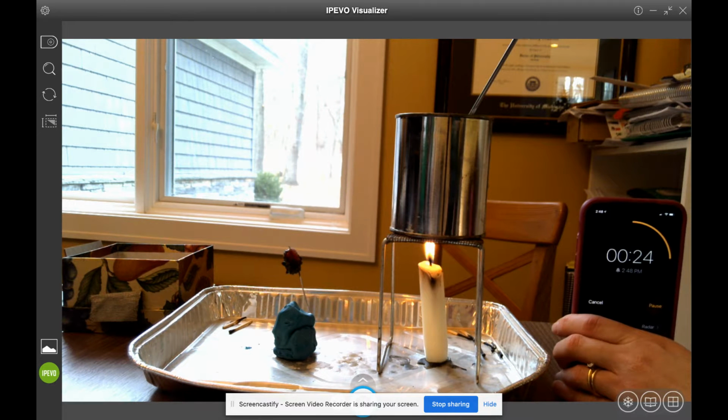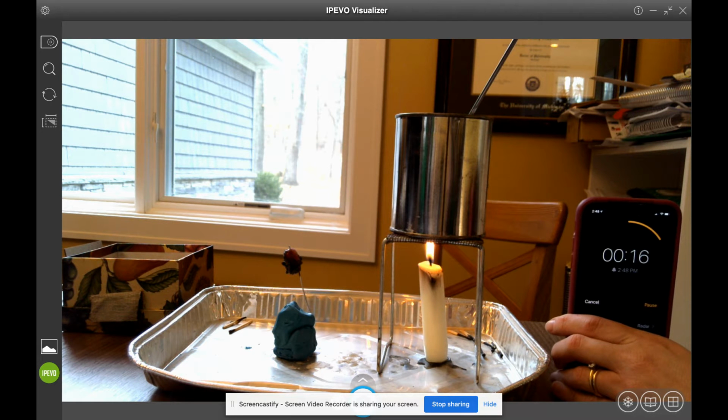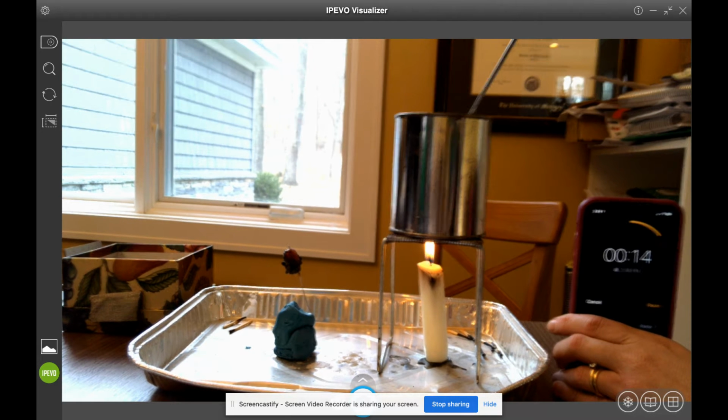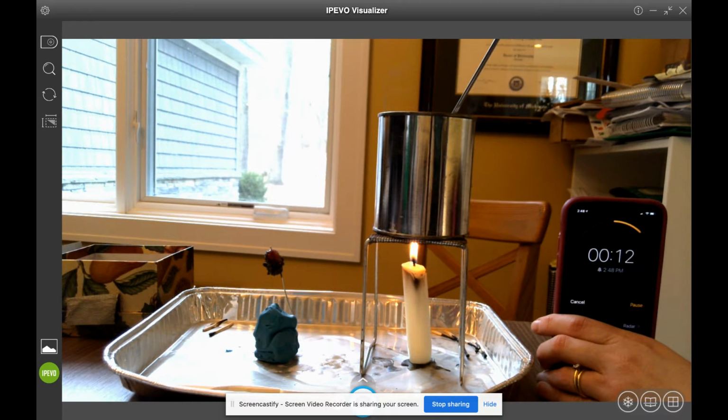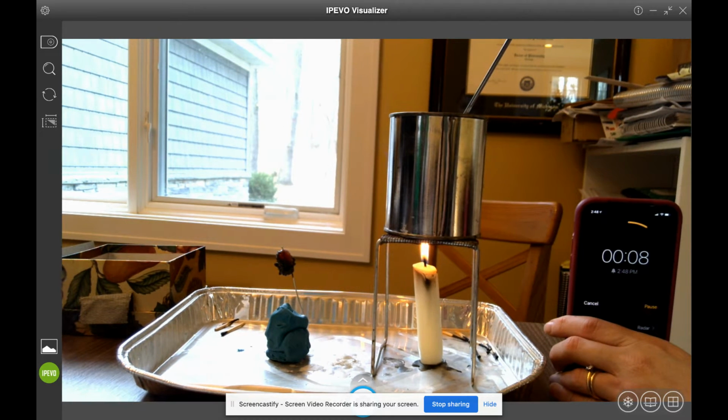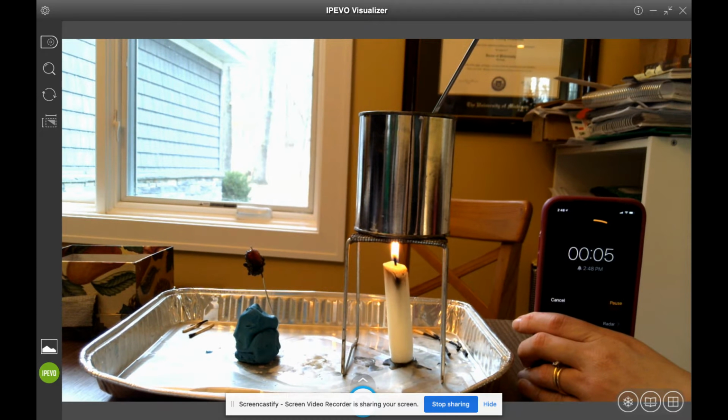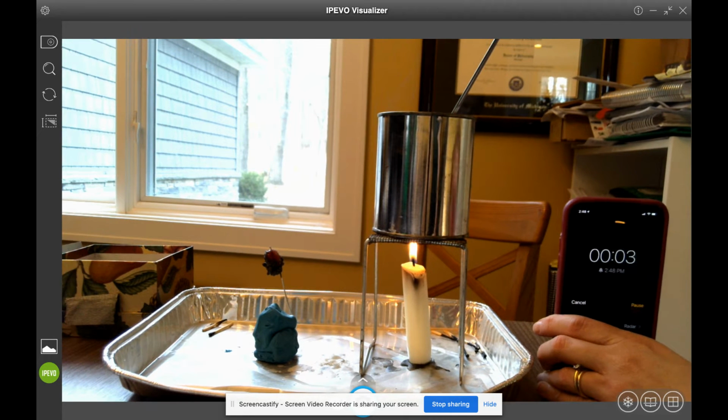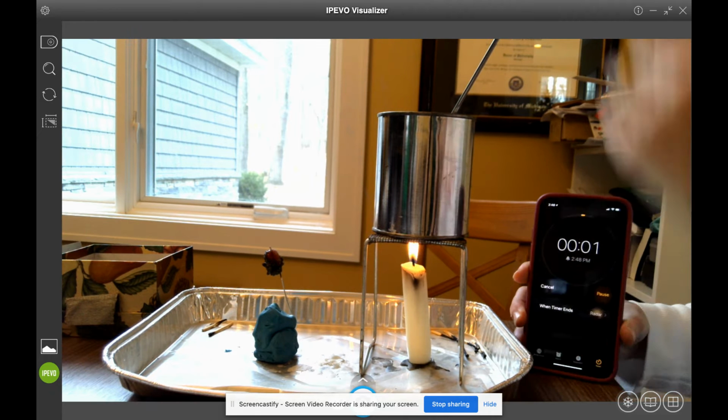That's 23.3. Oh, the flame is touching the bottom, but I want to get under. Come on. 10, 9, 8, 7, 6, 5, 4, 3, 2.